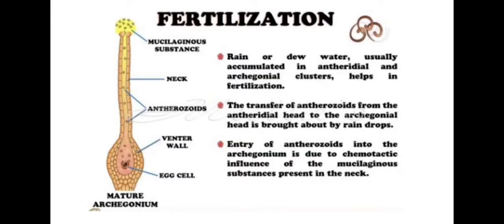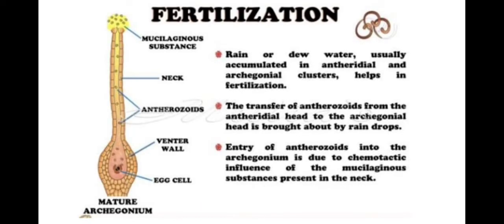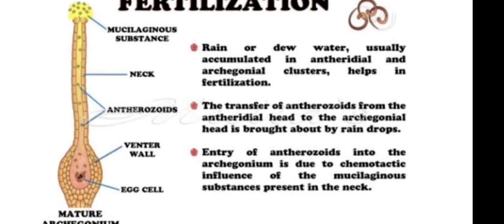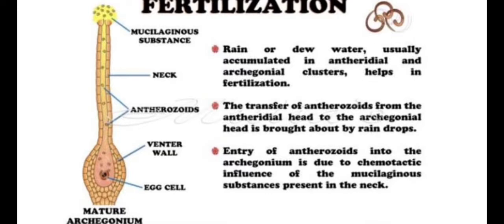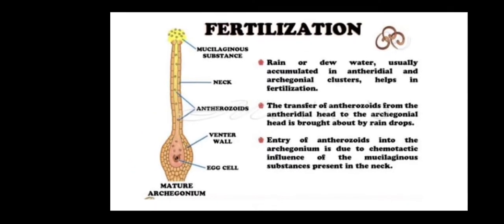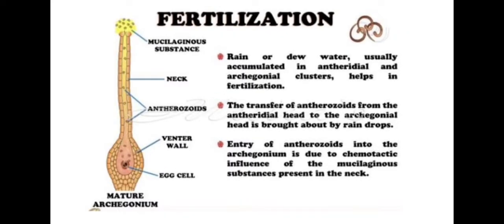So students, you can understand this by this slide. Rain or dew drops usually surrounding the antheridial and archegonial clusters help in fertilization. As you know, water is essential for fertilization in case of bryophytes. That's why we call them amphibians of the plant kingdom.